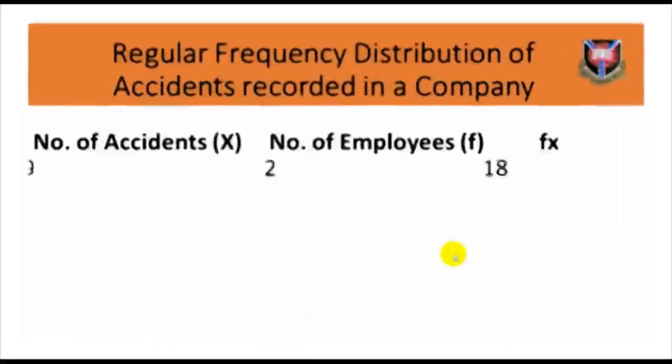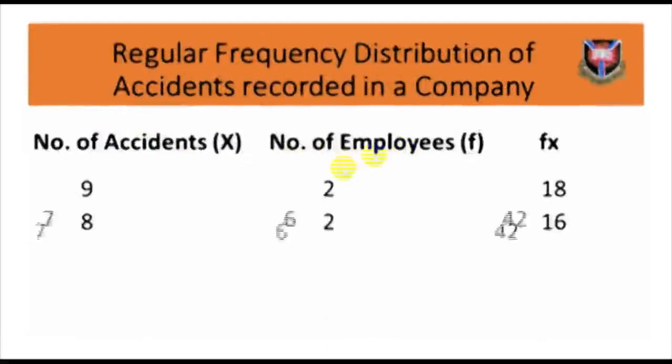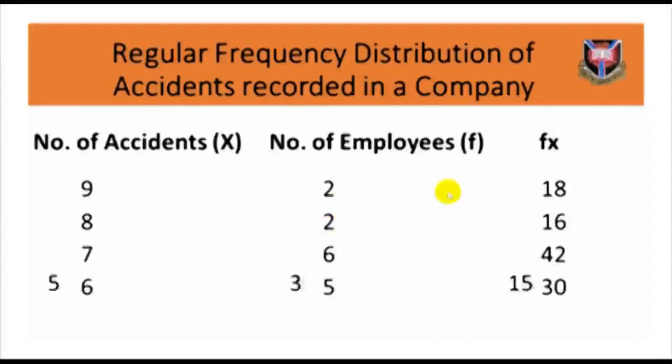Assume that a company recorded the number of accidents experienced per worker in a year, as shown in table 8.1, in a regular frequency distribution form. Calculate the average number of accidents recorded in the company for that year. Sigma fx will be equal to 18 plus 16 plus 42 and so on up to plus 0, which will give us 160.